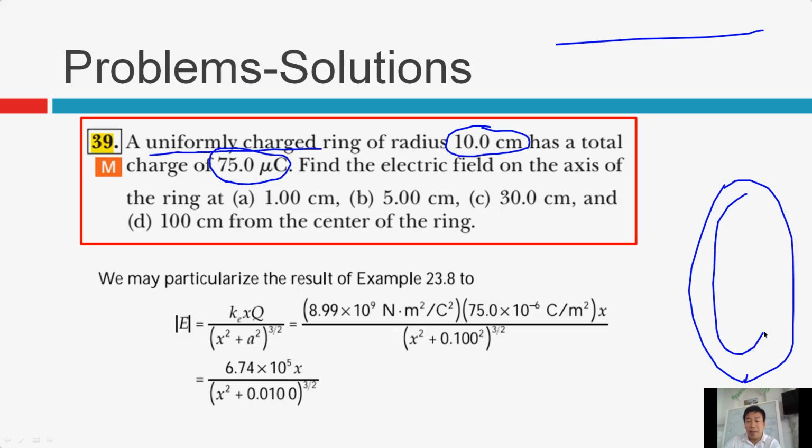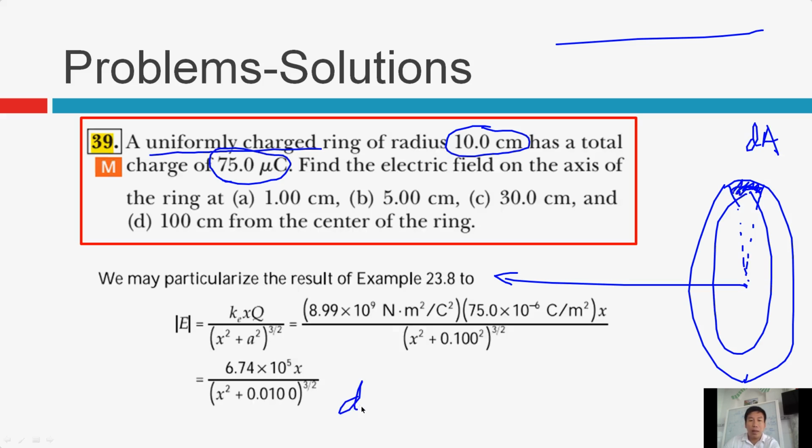You have a ring here, and the same as previously, you divide it. Alpha here, right? dA here, right?